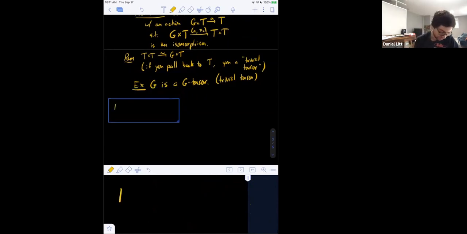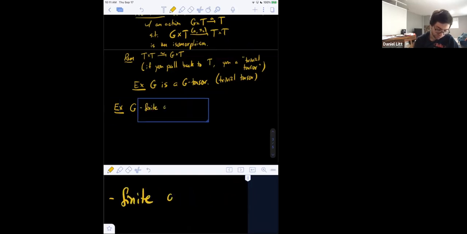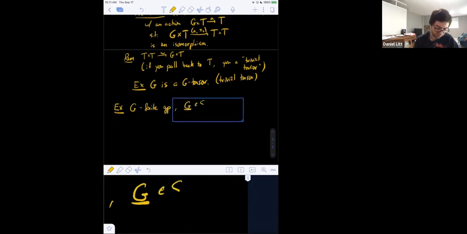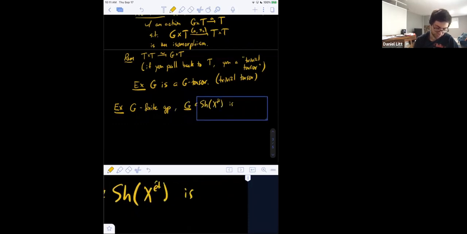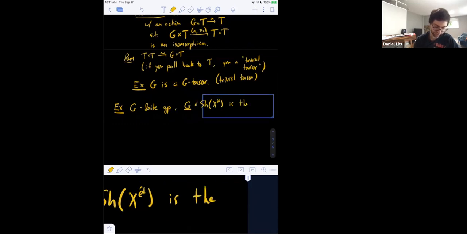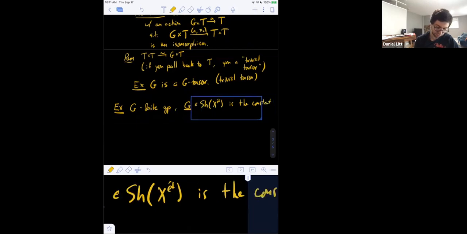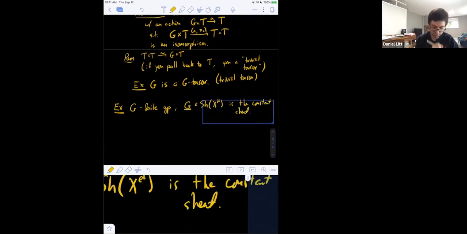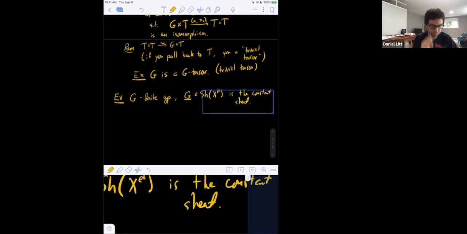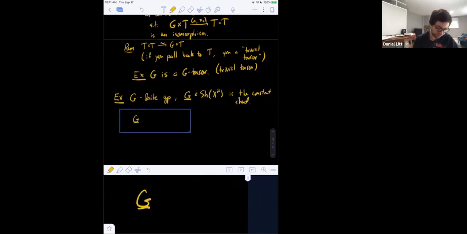So here's an example. Suppose G is just a finite group. Then underline G in sheaves on X étale is the corresponding constant sheaf. That's just maps into the scheme G, which is why it's a sheaf.